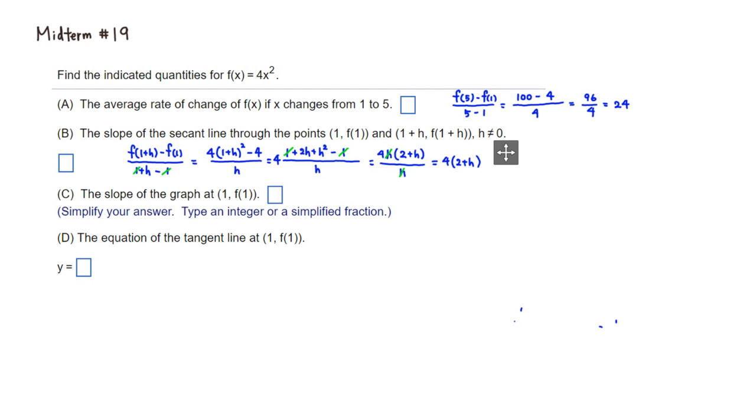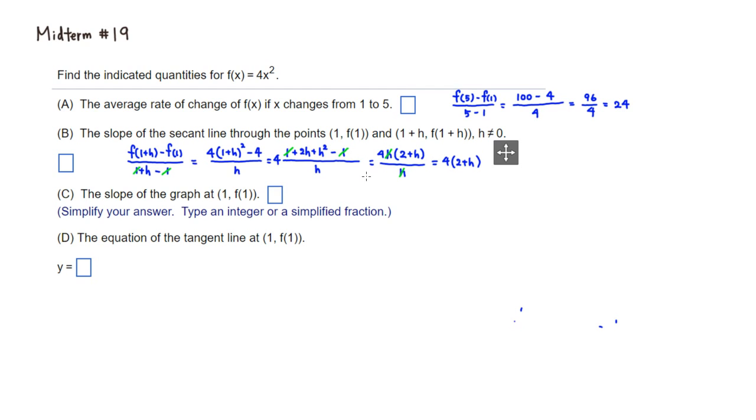Let's look at part C. We want to find the slope of the graph at 1. This is basically looking for the derivative. You can either take the limit of the answer for part B as h approaches 0, or you can just take the derivative and plug in 1.